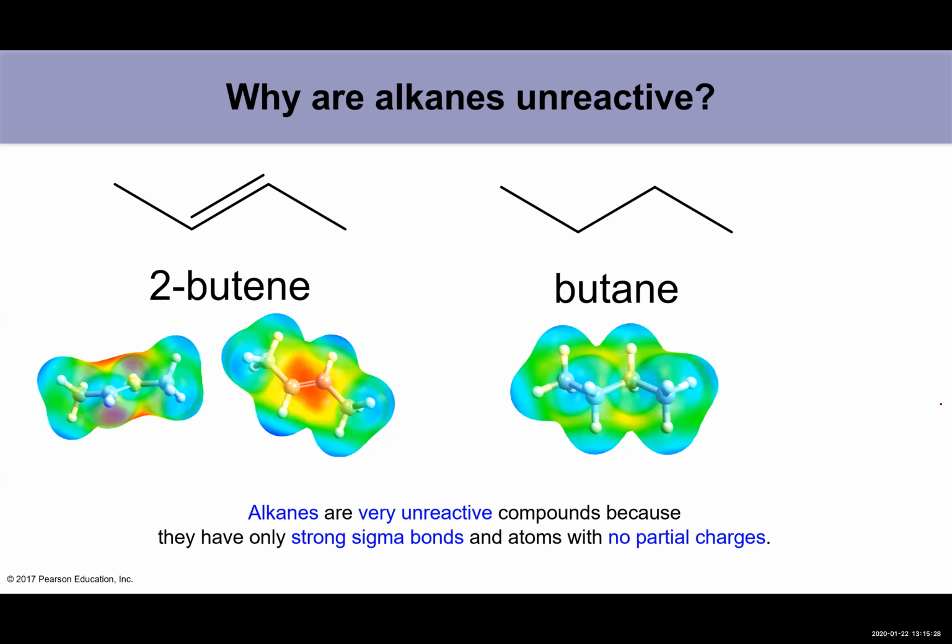The way we do that is we create radicals, which have an odd number of electrons and really need an electron for stability, and those are the things that cause alkanes to react. Another way to do it is to add a catalyst, but I don't think there's a catalyst for an alkane reaction, not that we've covered anyway. All right.